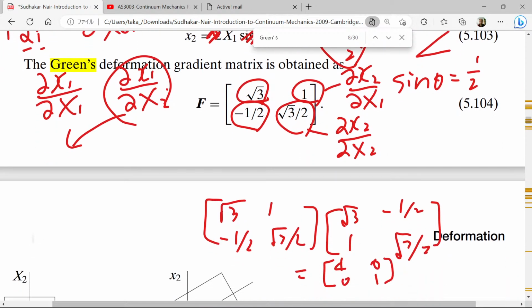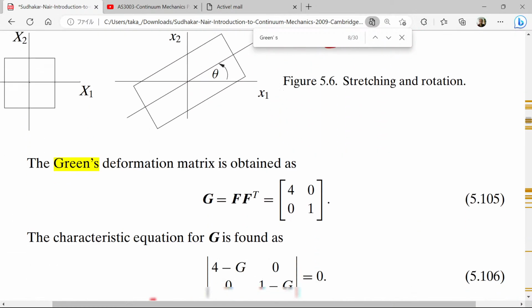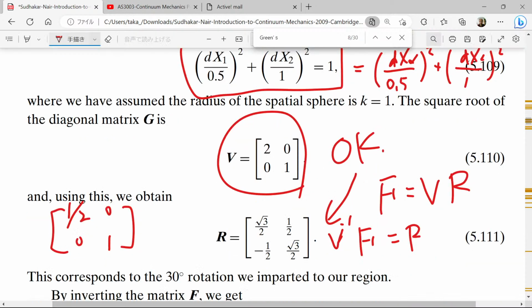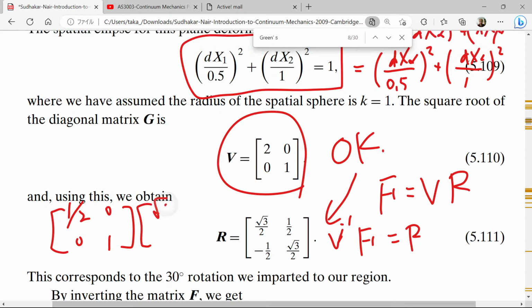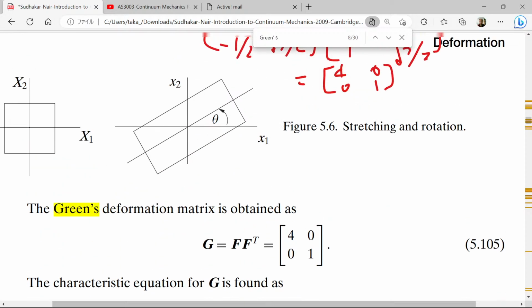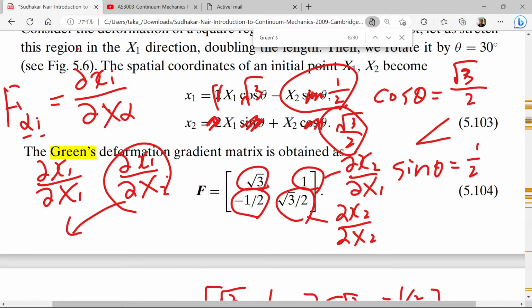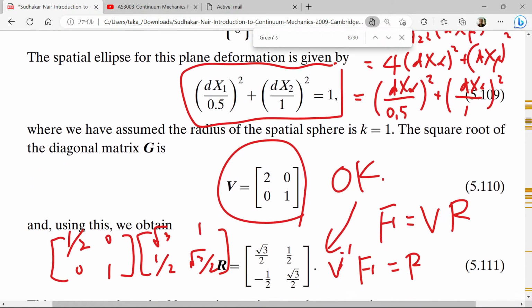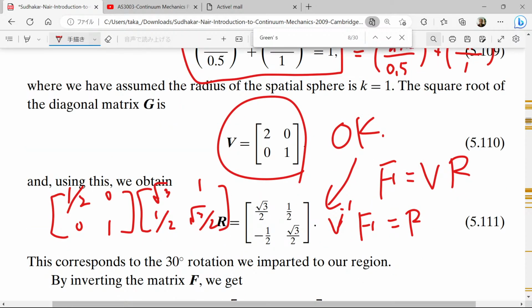Square root 3, 1, 1/2, square root 3, 2. Is it correct? Was there a minus sign? Minus 1, 2. This is minus. So you can calculate.